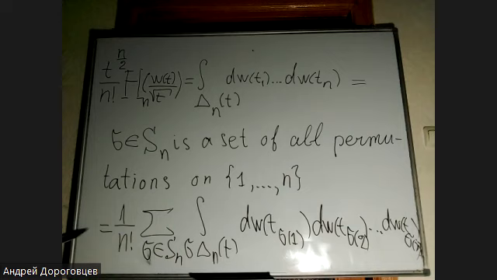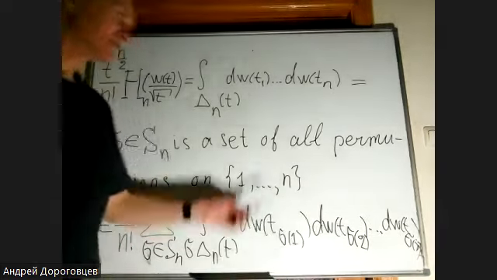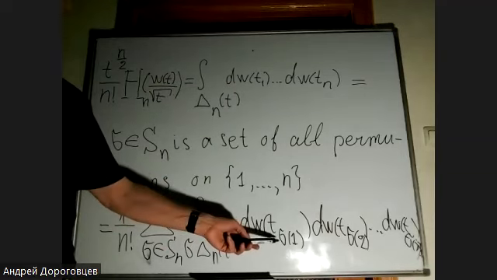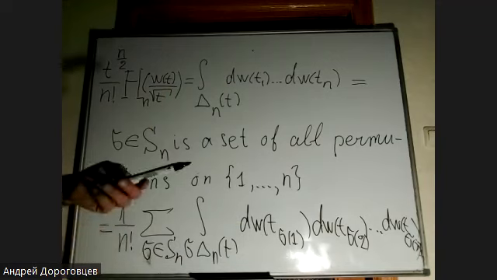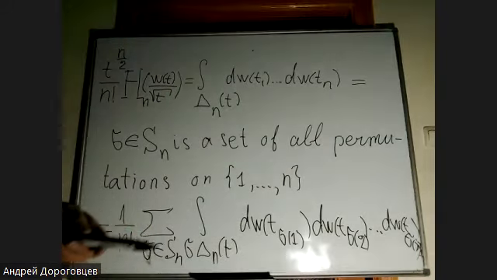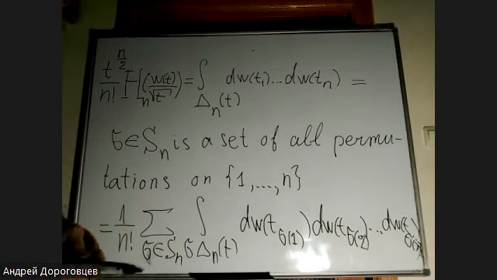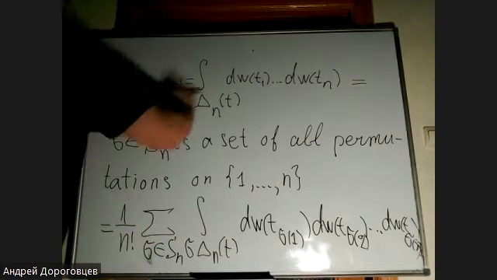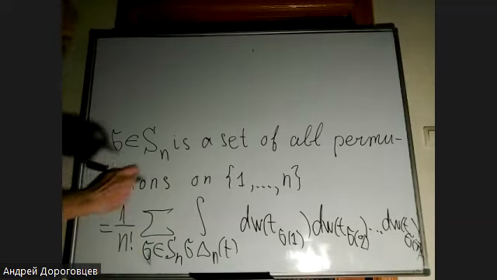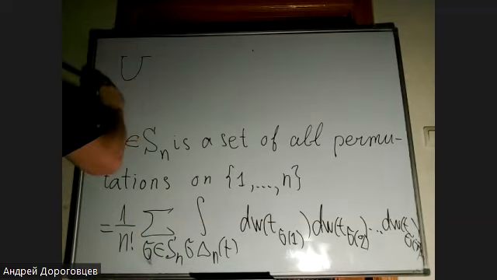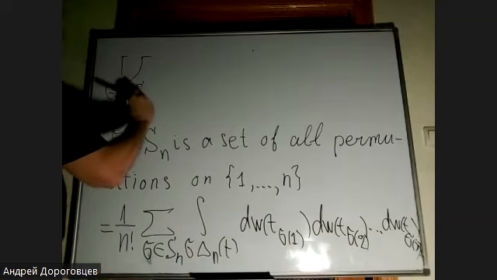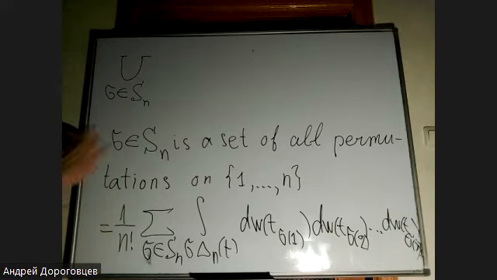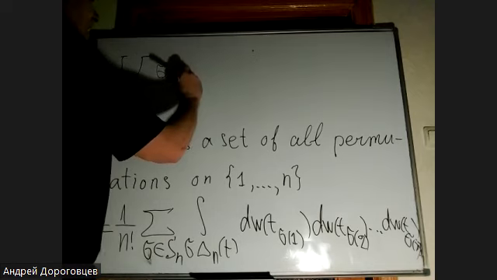It is evident that all these integrals are equal to this, because this is just a matter of notation, and we remember from first-year calculus that the value of the integral doesn't depend on the name of the variable of integration. So this formula holds, but see what happens if I consider the following union, the union over all sigma which belongs to S_n of these Delta_n^sigma(t).